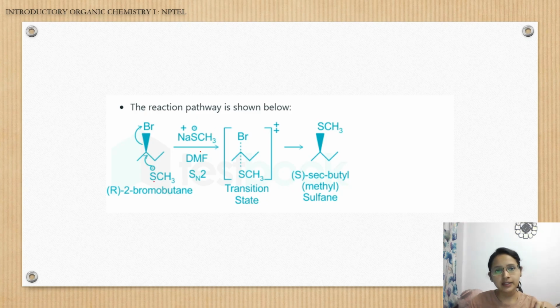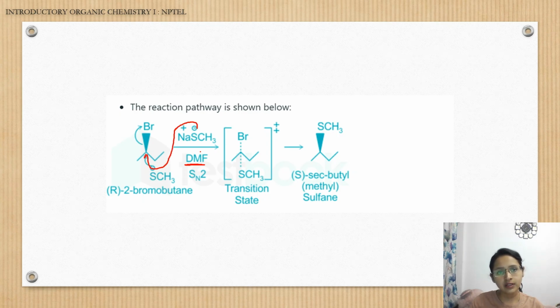First of all, this sulfur, being a very strong nucleophile, and DMF being a polar aprotic solvent, SN2 is operative here.